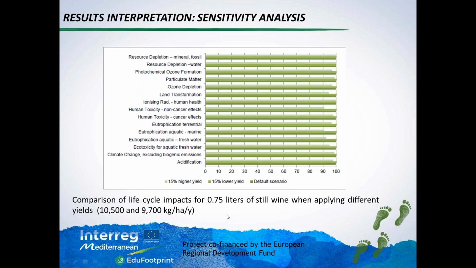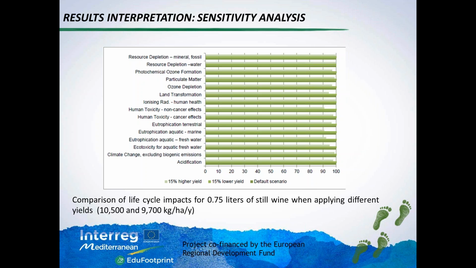So if I make a change, for example, applying different yields, I can see that my indicators will change their value with a 15% higher yield, or with a different scenario. So I just play a bit, changing something inside my study, and so I can see the change in the indicator values.